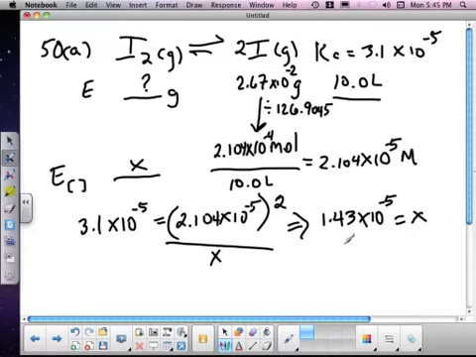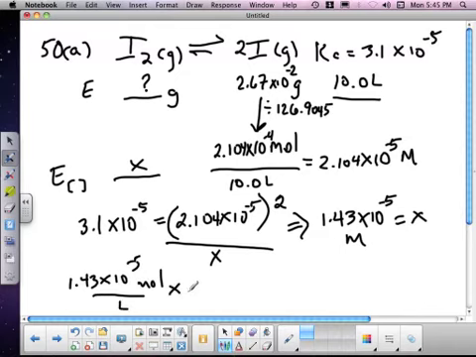So now I'm going to take the 1.43 times 10 to the minus 5 molarity. So 1.43 times 10 to the minus 5 moles per liter times those 10 liters.